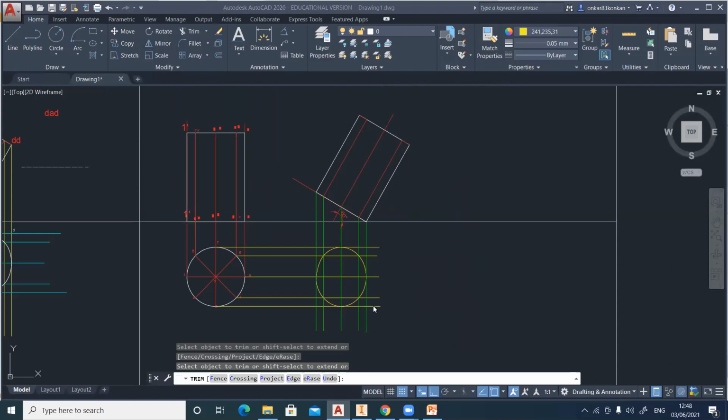So now we have just drawn the bottom base or bottom circle. Similarly, we have to draw the top base. Take the projections from the top base and find out their intersecting points.